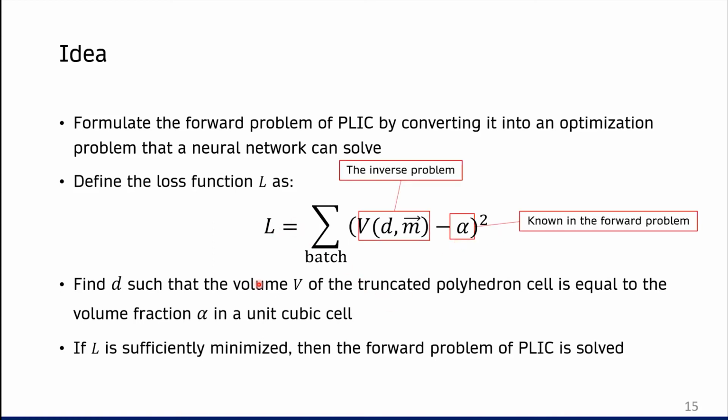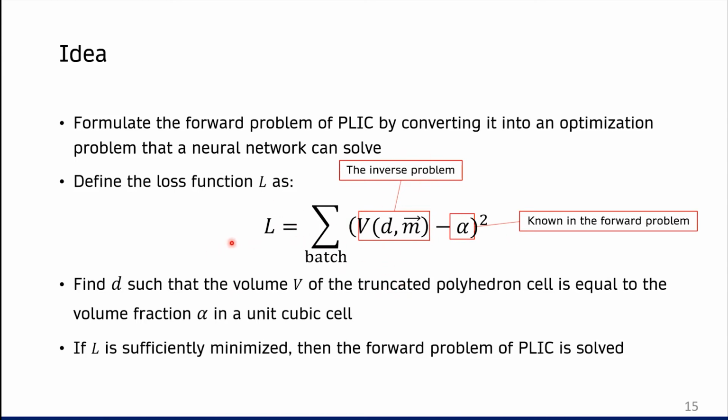We can calculate this loss function because V is given by the inverse problem, which has an analytical solution, and alpha is known in the forward problem. So we don't have any issues calculating this loss function for a neural network.